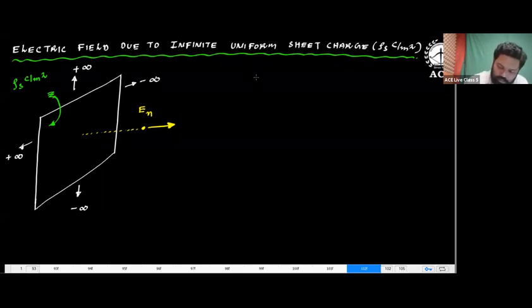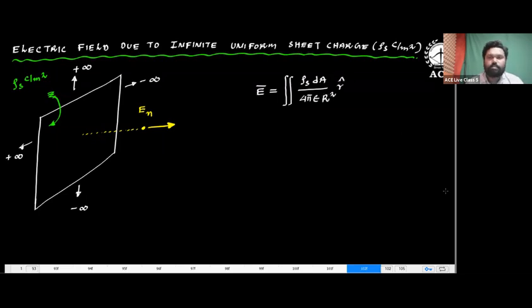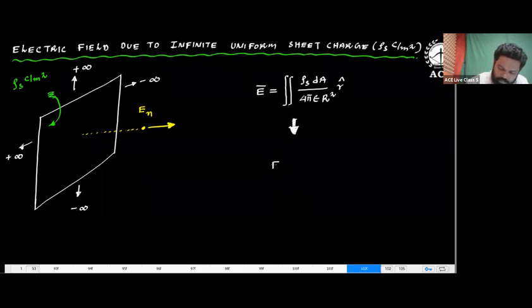Using that expression which I have given: E is equal to surface integral of rho s into dA divided by 4 pi epsilon r square into r cap. If you perform the integration and all the story, I will not do any derivation here, which is not required for us. You will get E is equal to rho s by 2 epsilon plus or minus n cap.